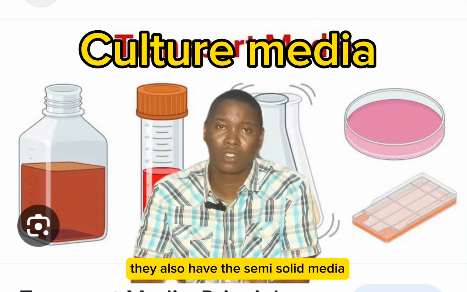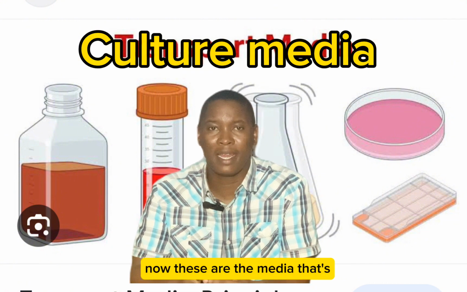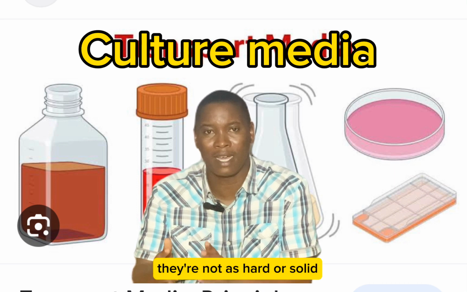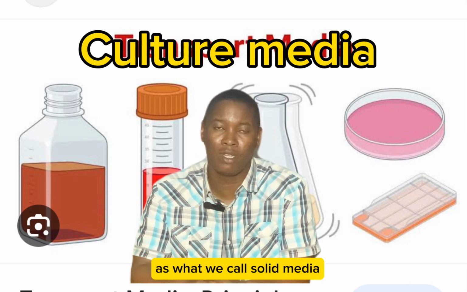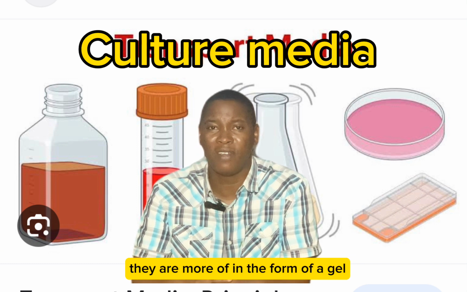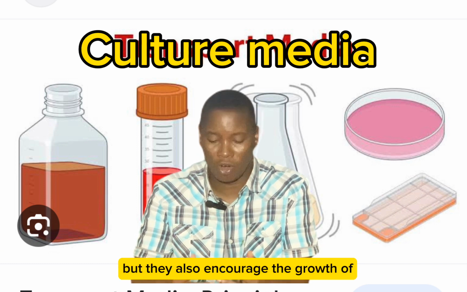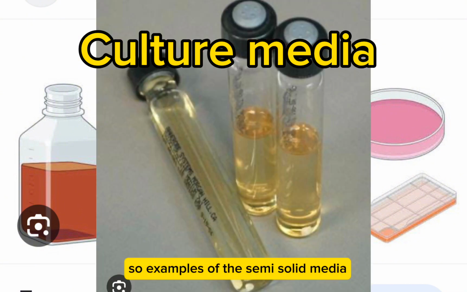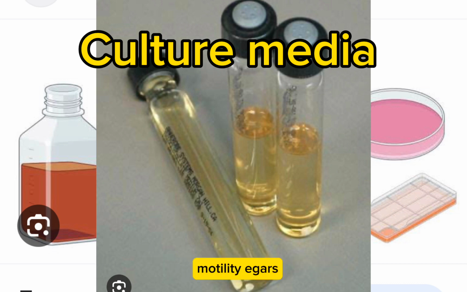You also have the semi-solid media. Now these are the media that, just like their name implies, are semi-solid. They are not as hard or as solid as what we call solid media, and they are not actually in liquid form. They are more in the form of a gel, but they also encourage the growth of microorganisms. So examples of the semi-solid media include the mannitol motility agar and the sulfide indole motility agar.